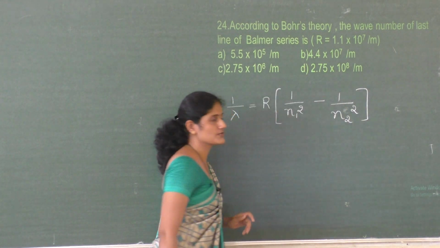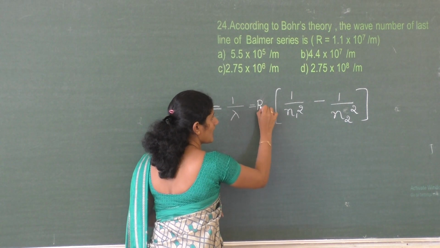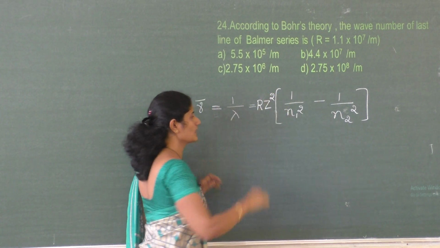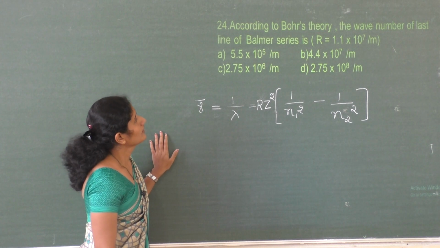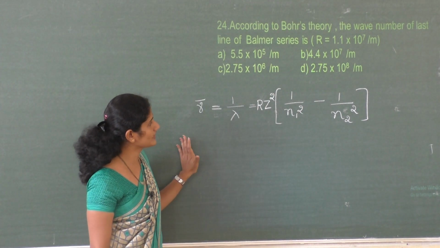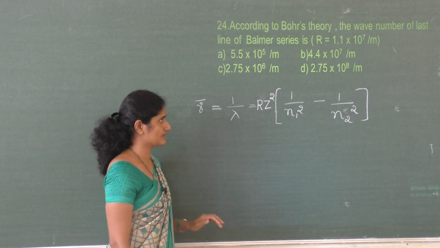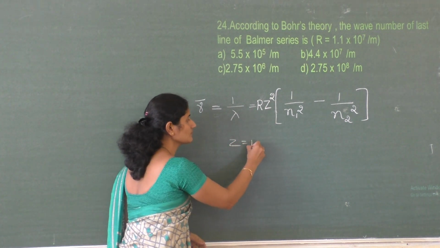The general expression for wave number is R into Z square into 1 by n1 square minus 1 by n2 square. But this Bohr's theory is applicable only for hydrogen atom or hydrogen like atoms. In case of hydrogen atom, Z is equal to 1.